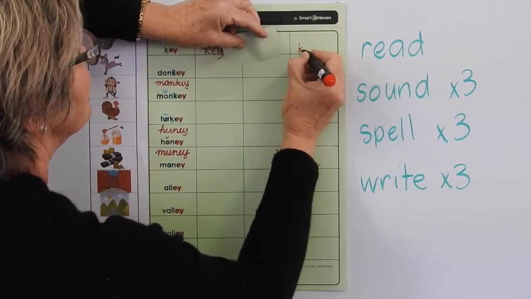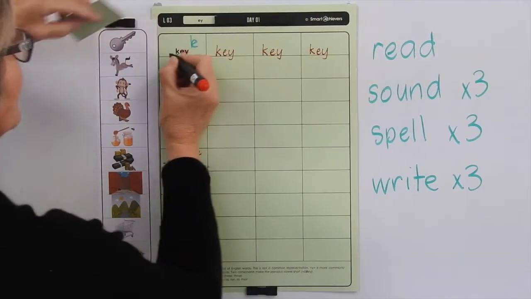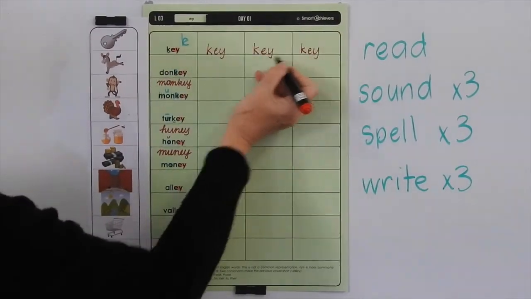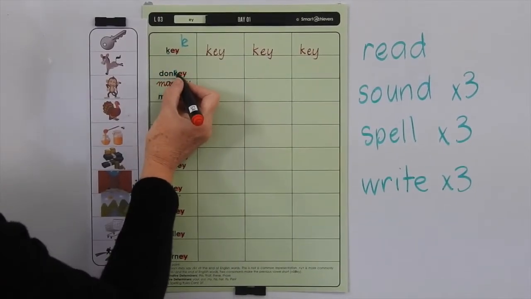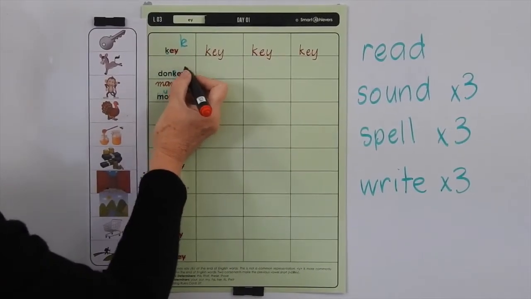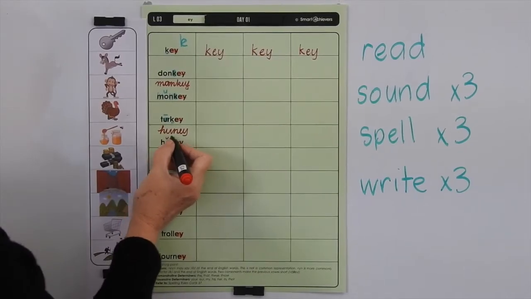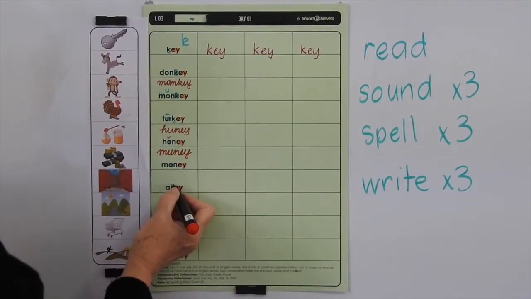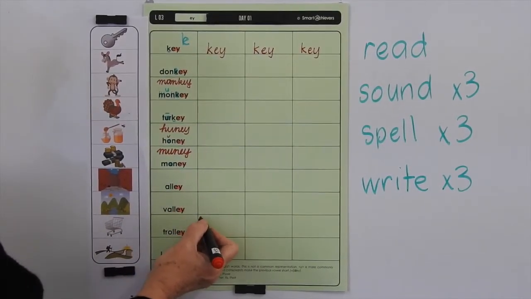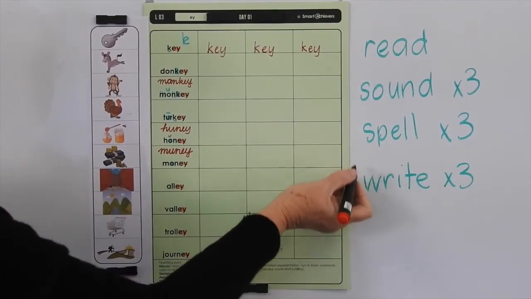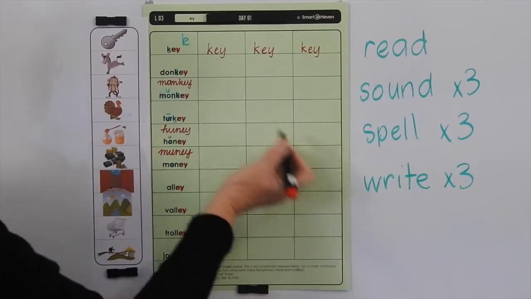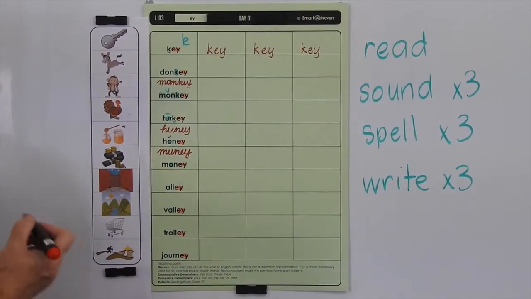Then at the end, you go back and check that you've correctly spelt it. Now these ones that have more than one syllable, you're probably best to sound them in their syllables, like donkey, honey, alley, valley, but you can do that. So read them, sound them, spell them, write them 3 times, and make sure you check to ensure that they're correct.